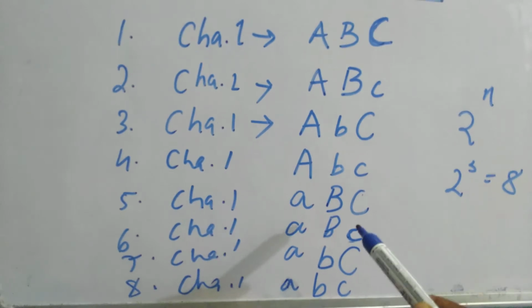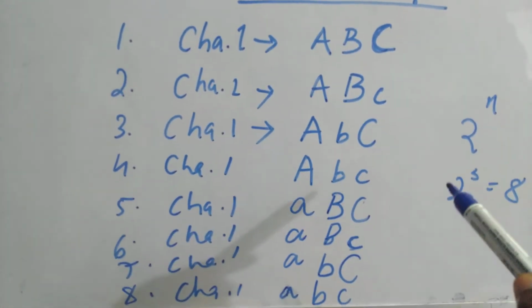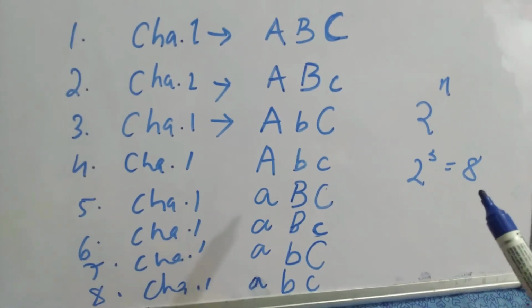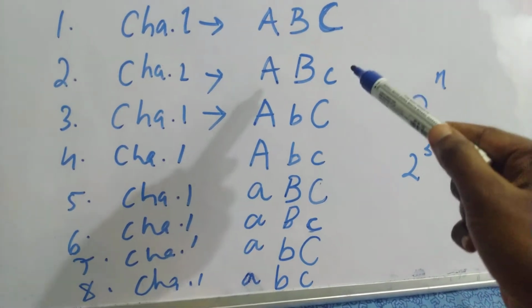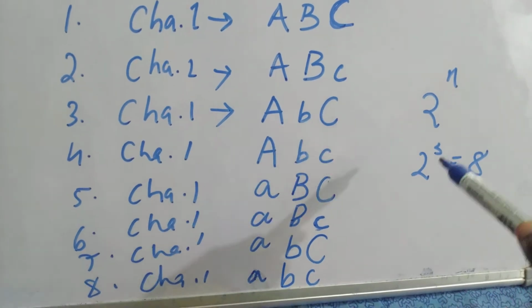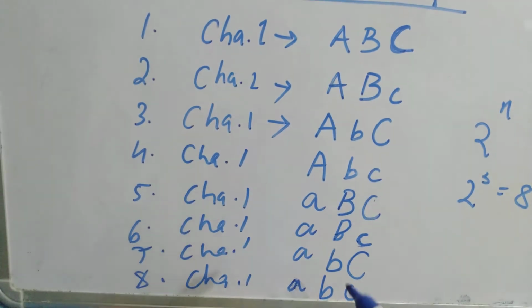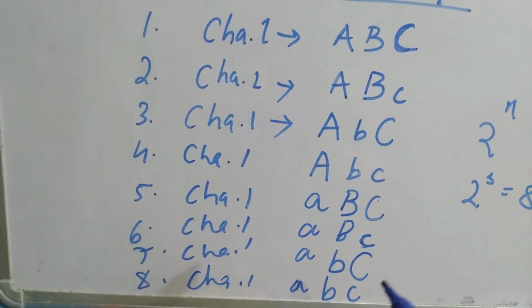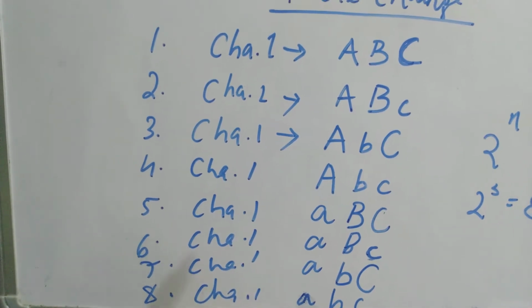If there are three alleles which perform the same character, how many different characters will you get? That is 2 to the power n, where n is the number of alleles, which is 3, so 2 cubed is 8. So there are 8 possible changes of characters due to this variation.